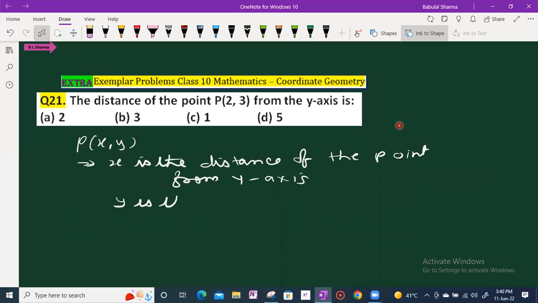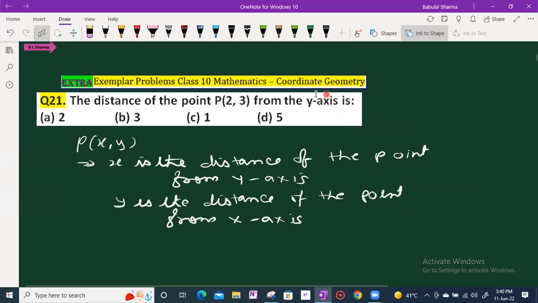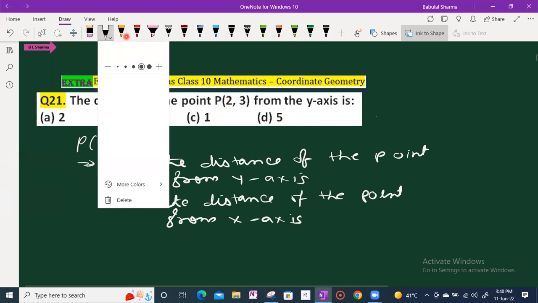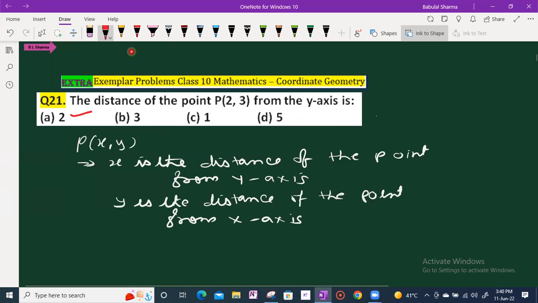And y is the distance of the point from x-axis. Here you need the distance from y-axis. So here the distance from y-axis is x-coordinate and x-coordinate is 2. So answer of this question is 2. A is the correct option.